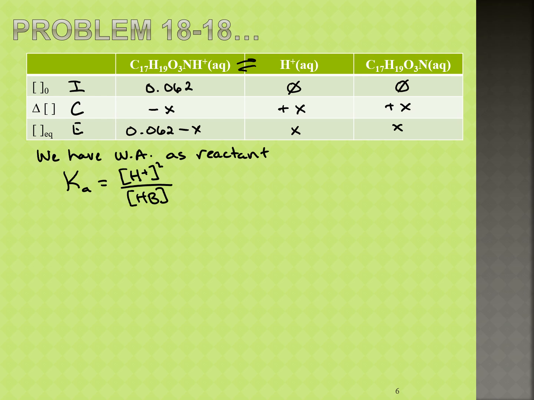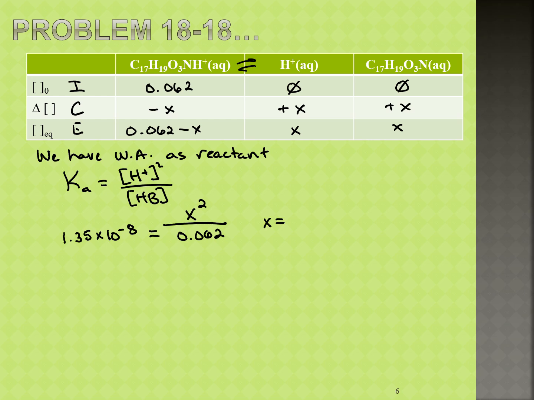We found Ka already to be 1.35 times 10 to the minus 8. We found that when we were finding the pH at the equivalence point. Our H plus is going to be X, and we're going to square that. Our HB is going to be our 0.062 minus X. Well, I'm just going to say that X is going to be small enough that we can ignore that in our denominator, so we don't have to do a quadratic.